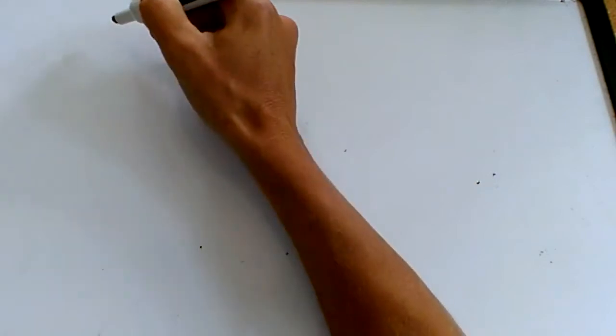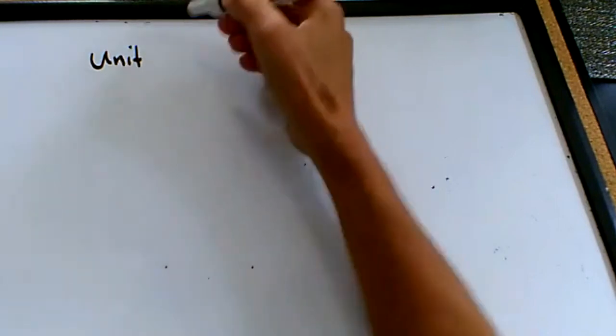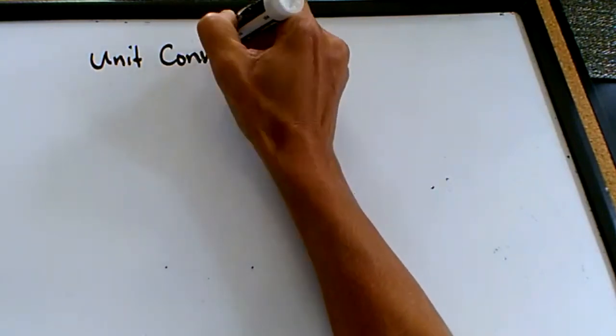All right, guys. Here we are back in the classroom. Let's see. Metric or unit conversions. It's always good on a piece of paper to try to give yourself a title. Unit conversions. Okay.